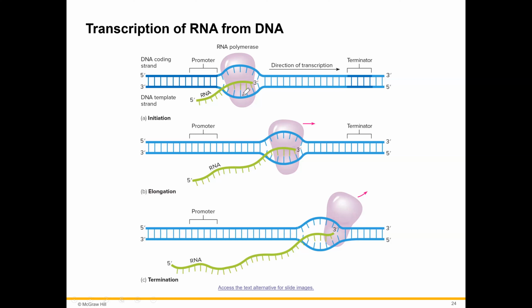So for example, let's say this was A, this was T, this was C, this was C again, this was G, and this was A again, right?